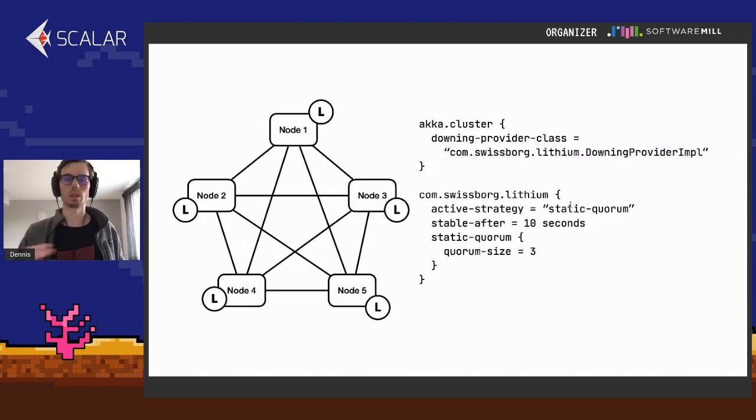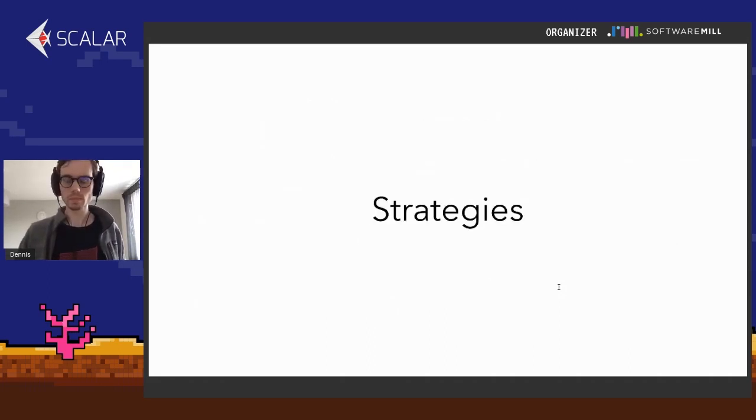The Downing provider will get instantiated, and then you simply add the configuration with the strategy you want to use, and some details on other configurations about that strategy. And that is technically all you need to try it out. No, you still have to choose a strategy.